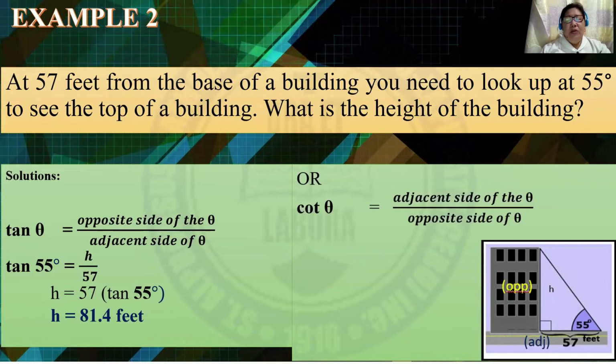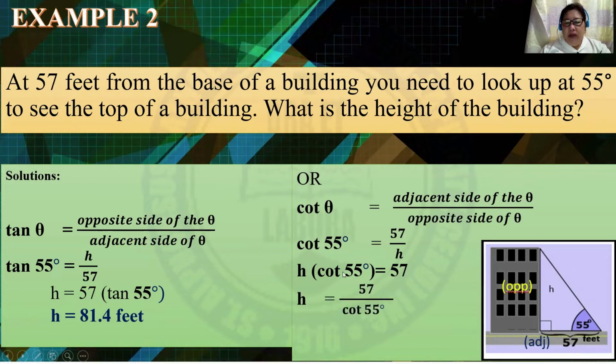Or you can use also the cotangent function. Cotangent theta is equal to the adjacent side of theta over opposite side of theta. So we have cotangent 55 degrees is equal to the adjacent is 57 over the opposite, which is h. Then cross multiply, we have now h times cotangent 55 degrees equals 57.